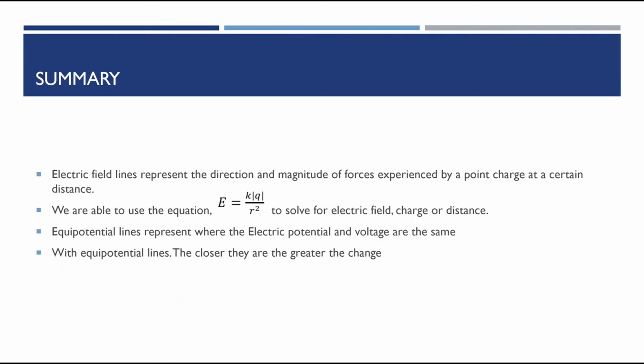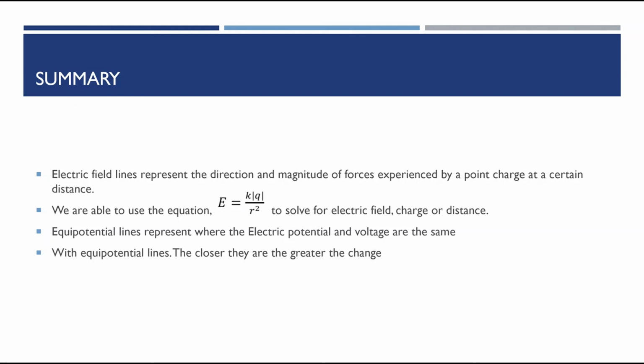So to summarize what we talked about in this video, the electric field lines represent the direction and magnitude of forces experienced by a point charge at a certain distance from the source. We are able to use the equation E equals K times Q over R squared to solve for the electric field, the point charge, or distance.